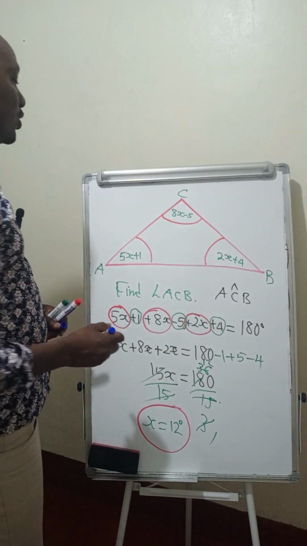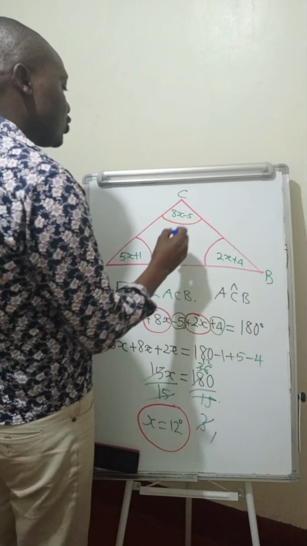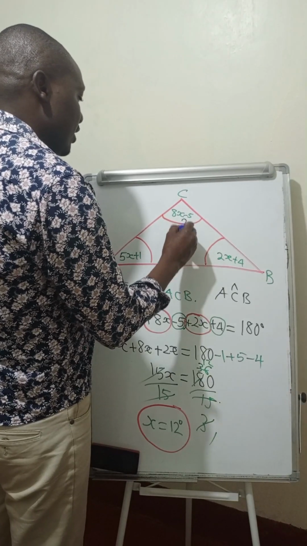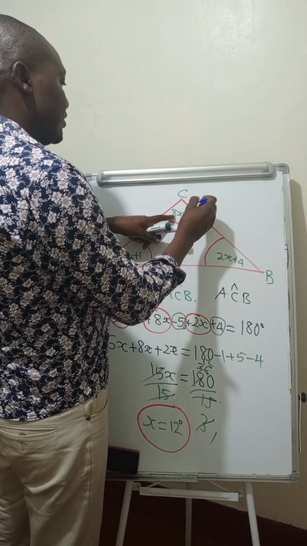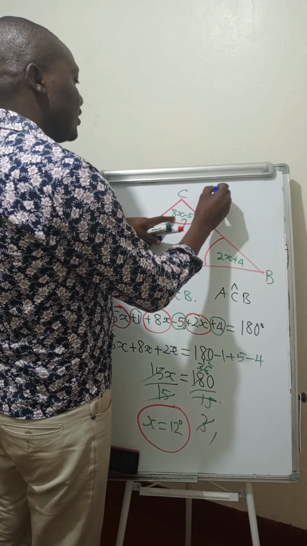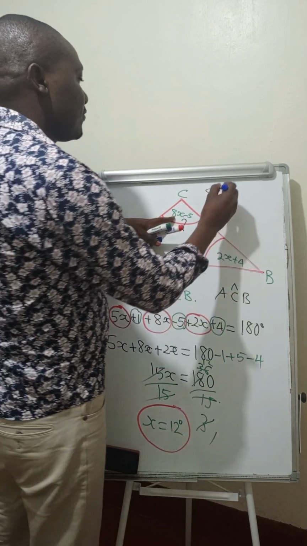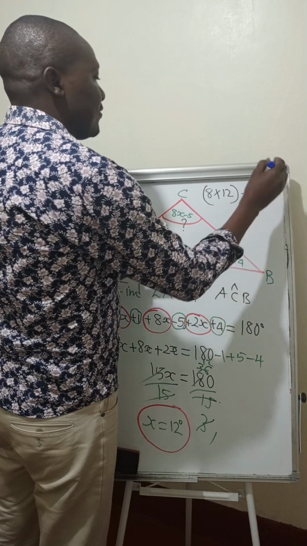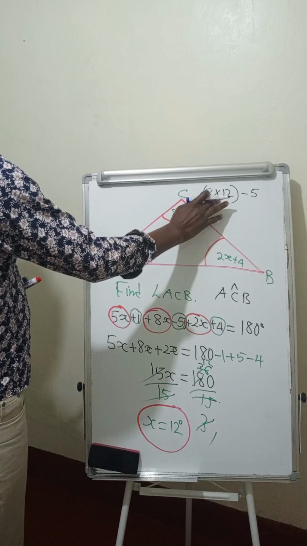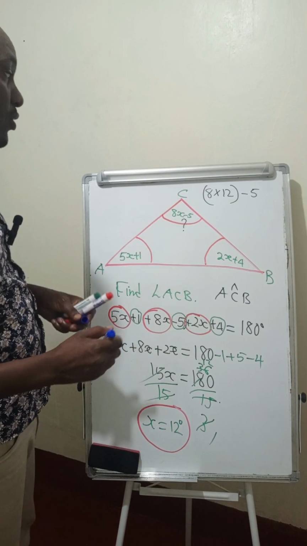That's the angle you're asked. So we have been asked this angle here. So here we have 8x, which is 8 times our x is 12, then minus 5.